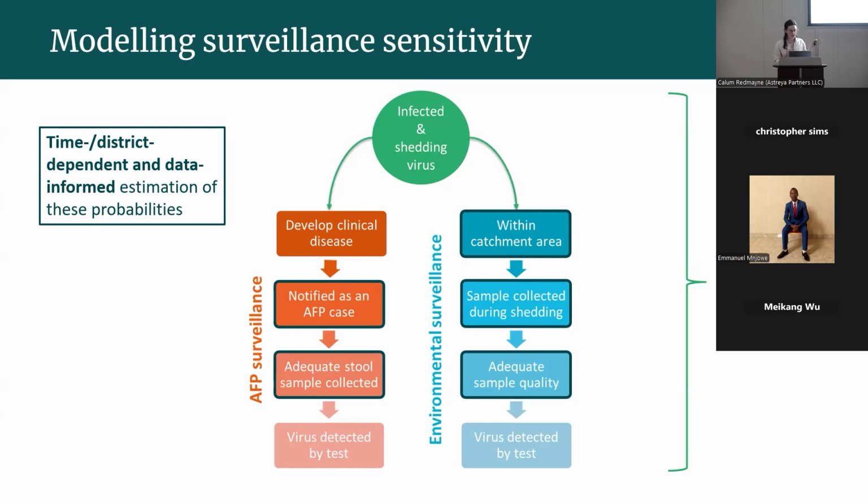Aggregating across all these steps gives us an overall probability that an infection in a particular district would yield a positive outcome either via AFP surveillance or environmental surveillance.